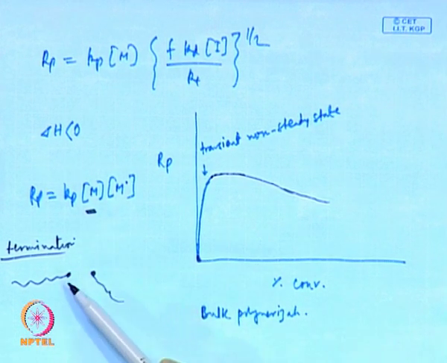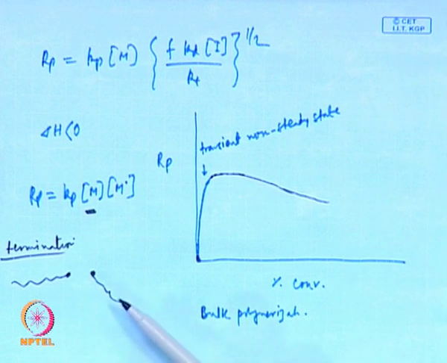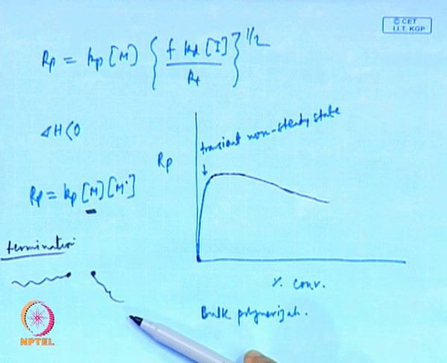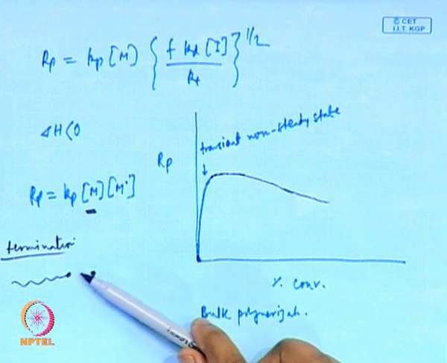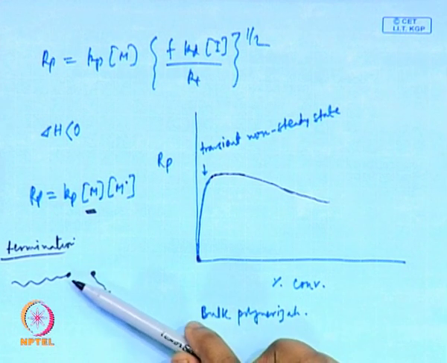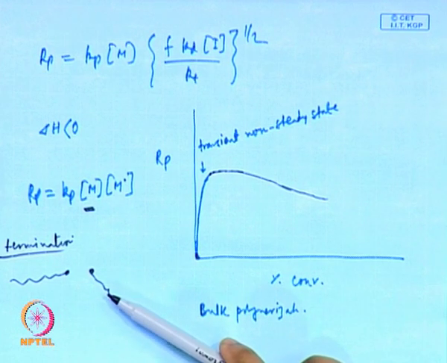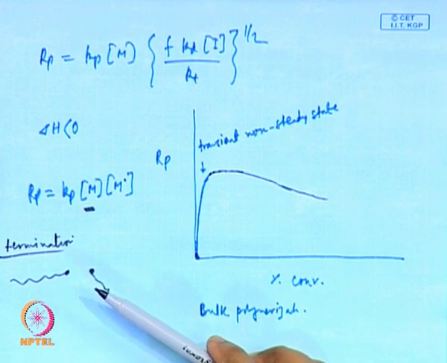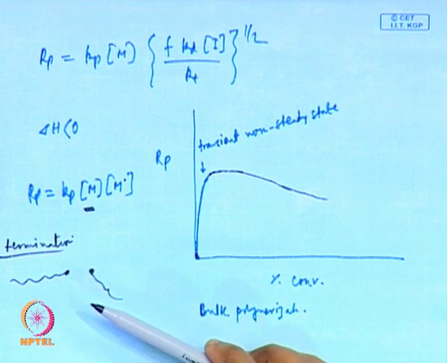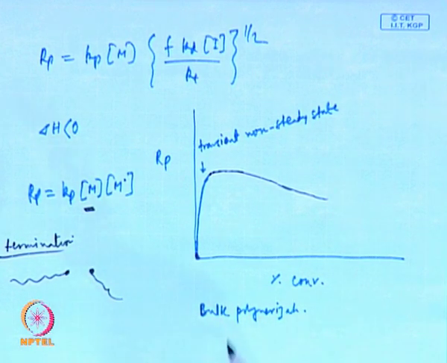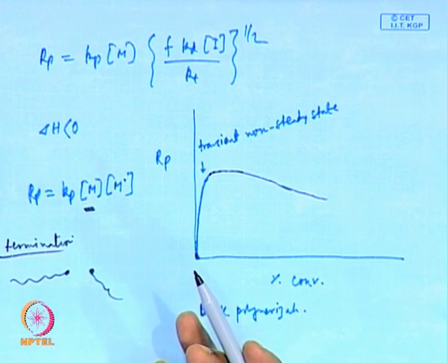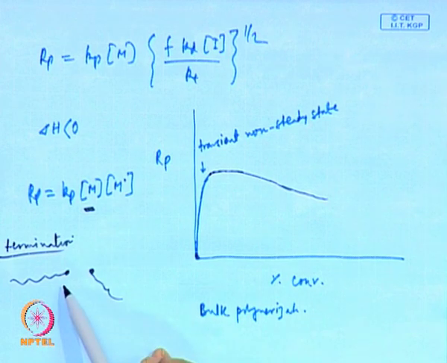It will become diffusion controlled. That means the intrinsic reaction is very fast, but the rate at which these two radicals find each other is determined by the diffusivity of these molecules. So, the termination reaction becomes diffusion controlled. The higher the diffusion, the higher the termination reaction, but because medium viscosity is quite high, the diffusion rate is low, so the termination reaction is low.